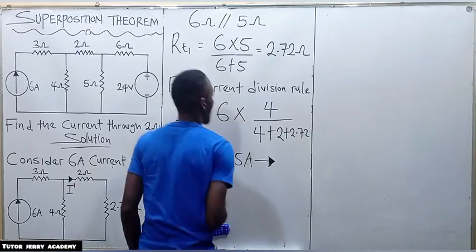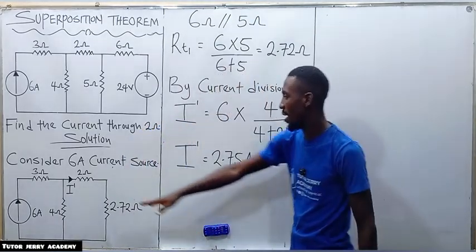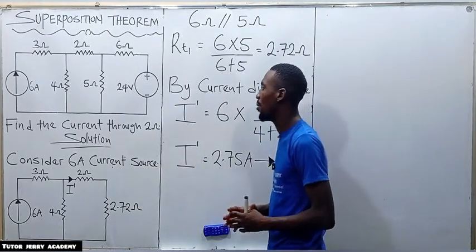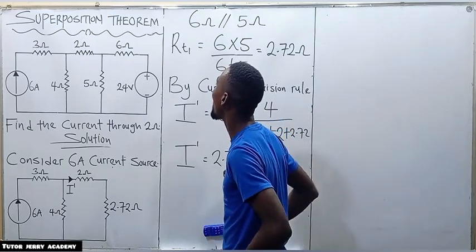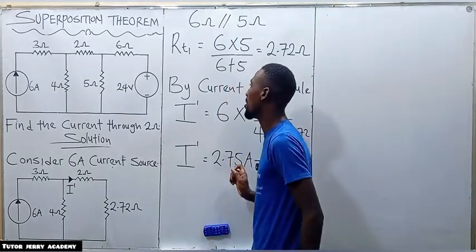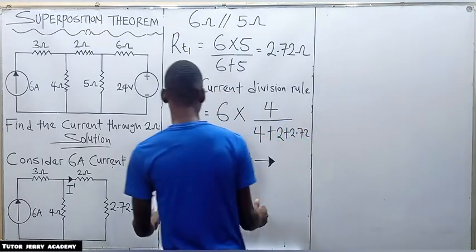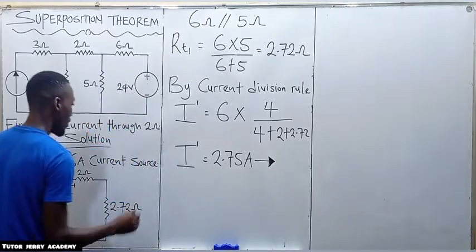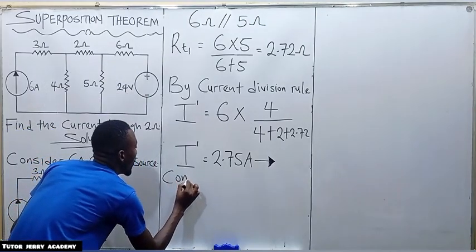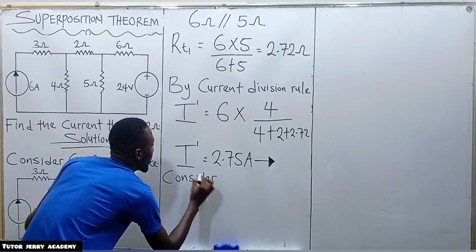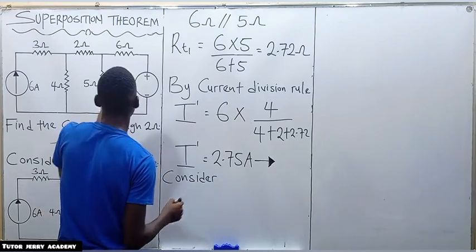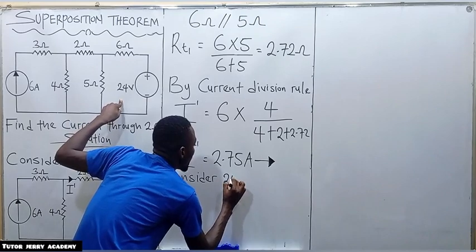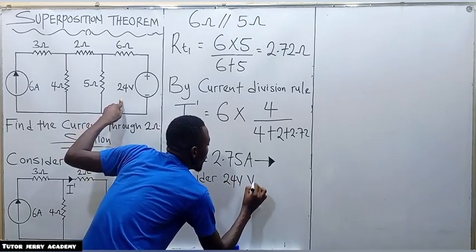So we are done with the current source. The next thing we want to do is consider the voltage source, and we need to draw the diagram. So consider the 24 volts voltage source.